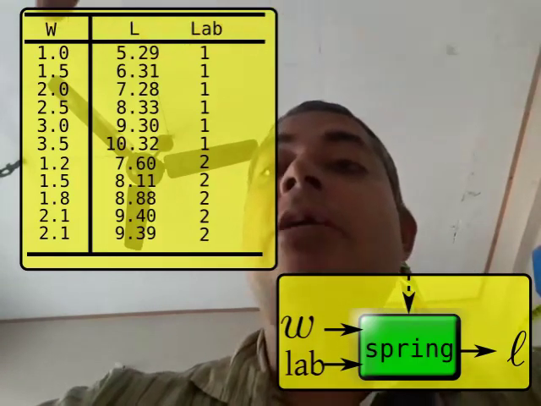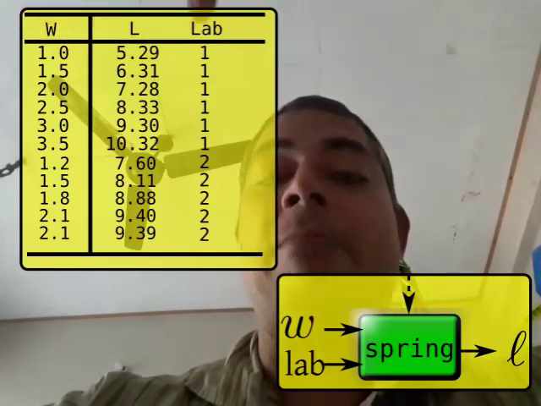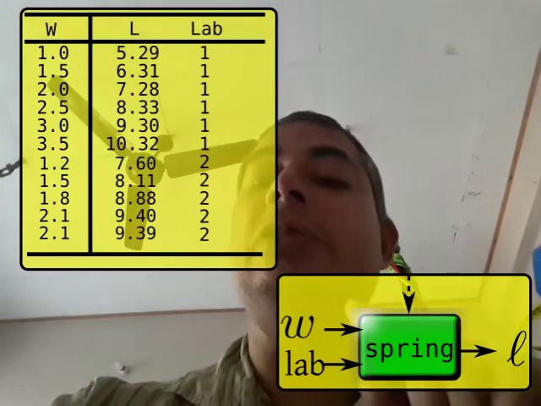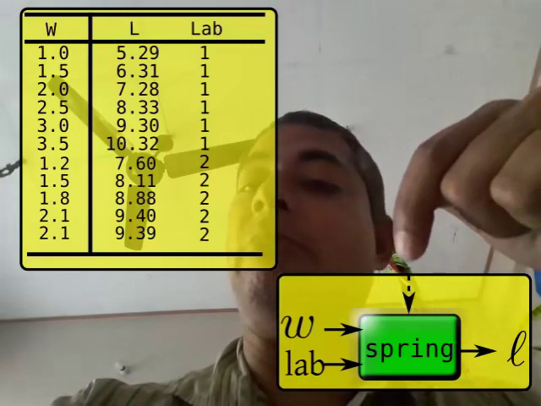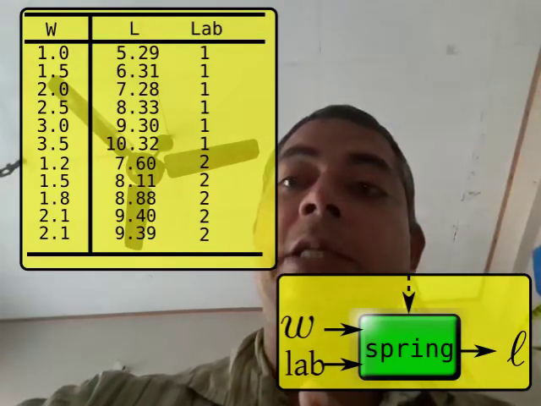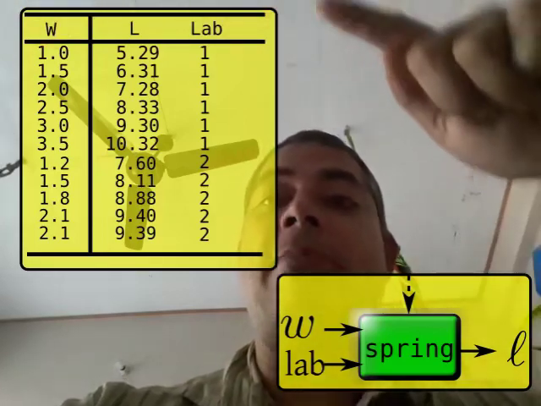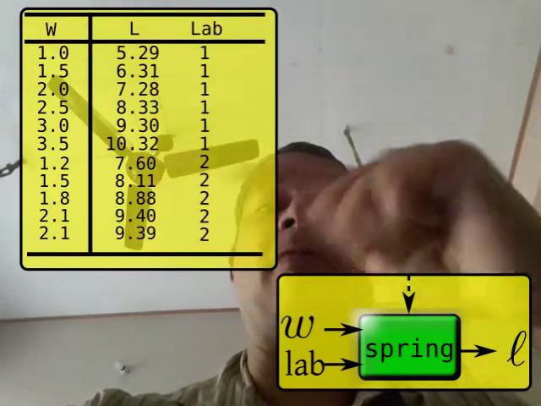So now I have got a table with 3 columns: W, lab, L. Observe that in our black box we have exactly 3 arrows other than this unobservable random error. I have got W, and I indeed have one column for that. I have lab, another column for that, and I have the output L, one column for that.